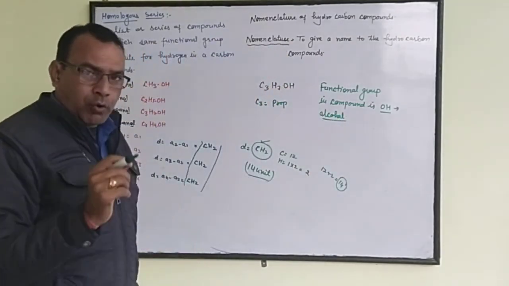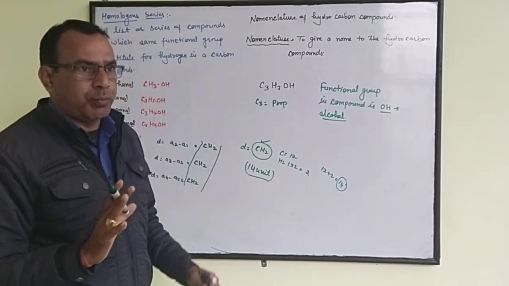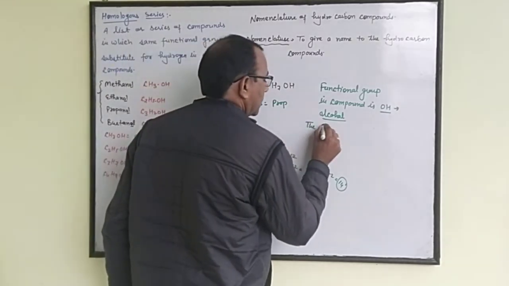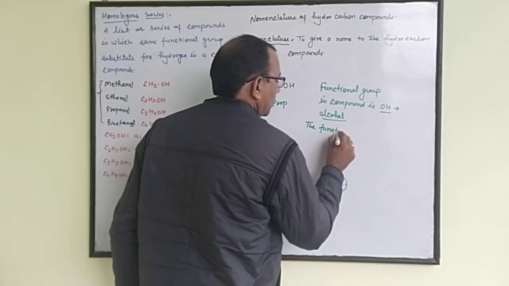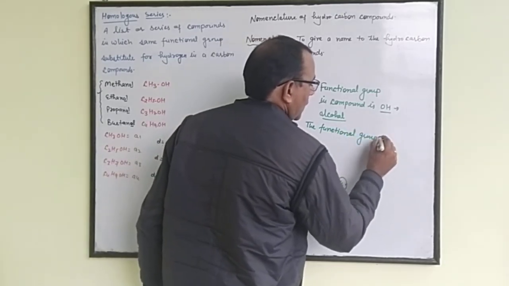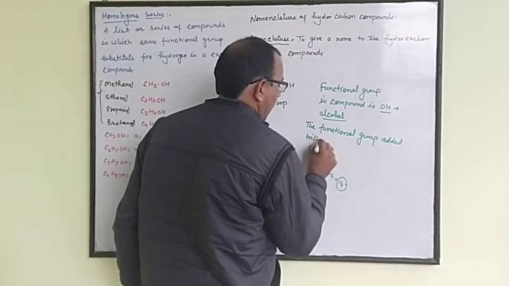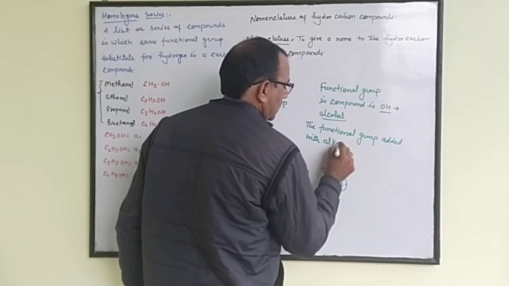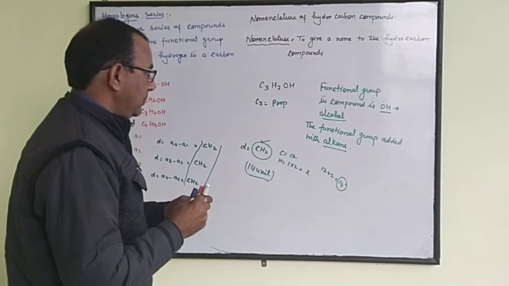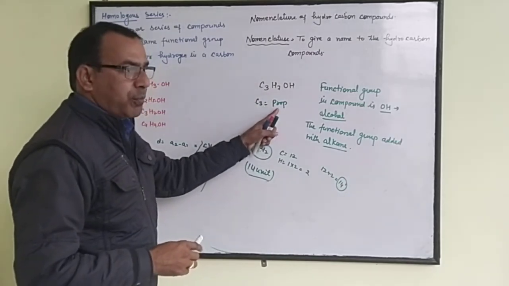Clear? Only till 10th class we can say that the functional group is always added with the alkane. This is applicable only for 10th class. So C3 is called prop.